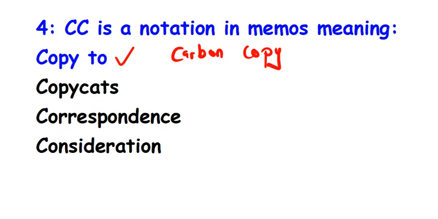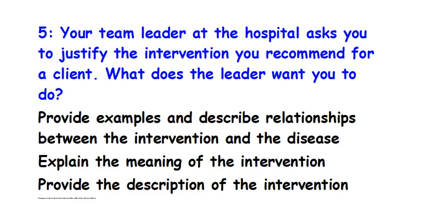The CC here means carbon copy. So the explanation for this just means that you are indicating that the memo is also sent to another person. Okay, you're trying to make a copy, but this is also sent to another person. That's why now you indicate CC. We come to question number 5.